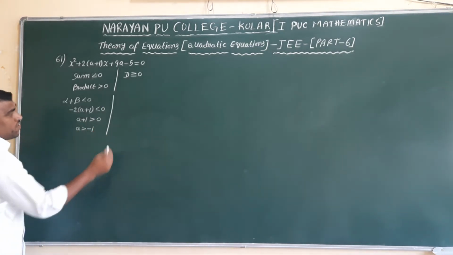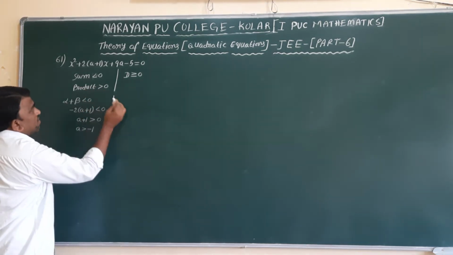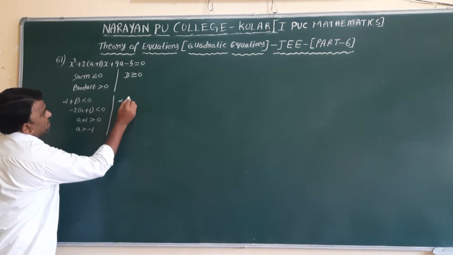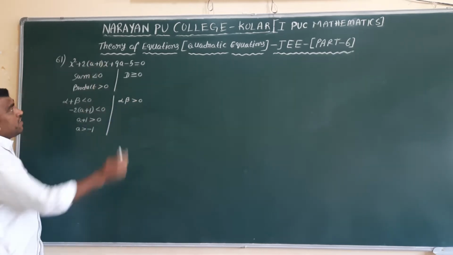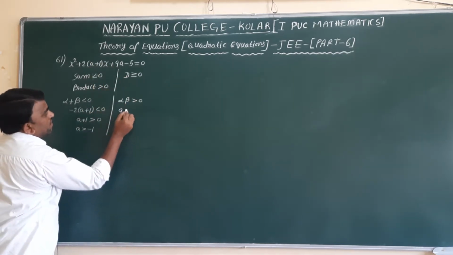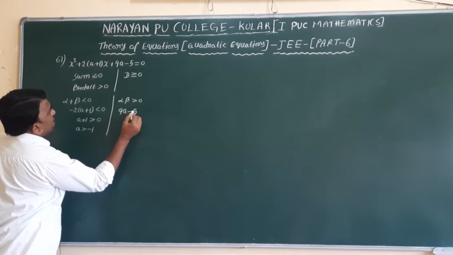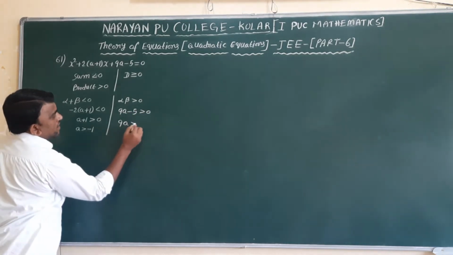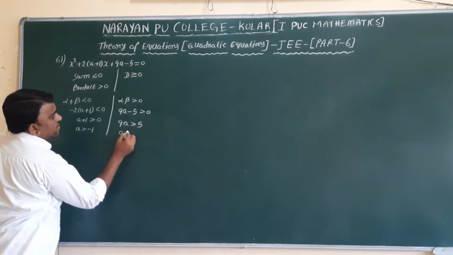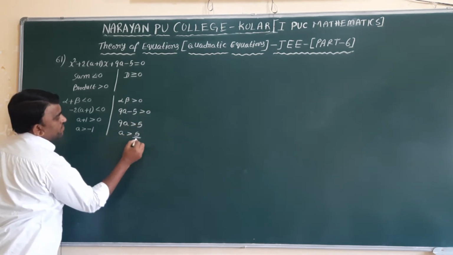That is the sum of the roots condition. Next, the product of the roots alpha beta is greater than 0. Product means c by a. C value is 9a minus 5, by a which is 1, is greater than 0. 9a is greater than 5. A value is greater than 5 by 9.